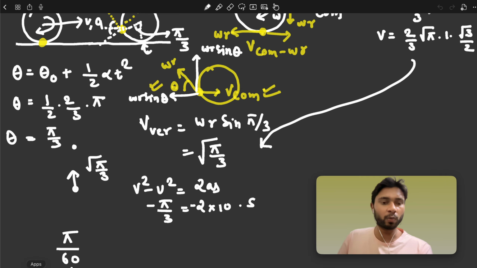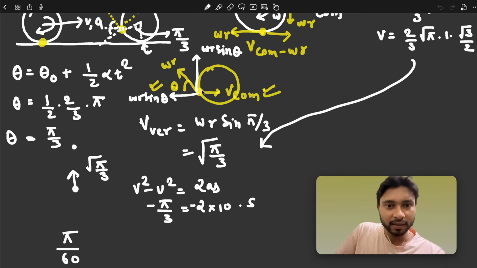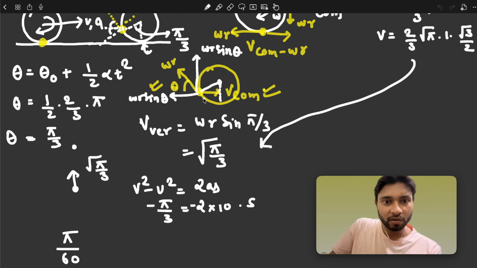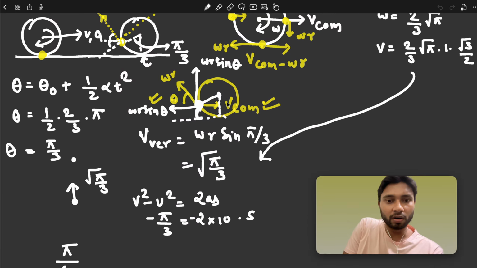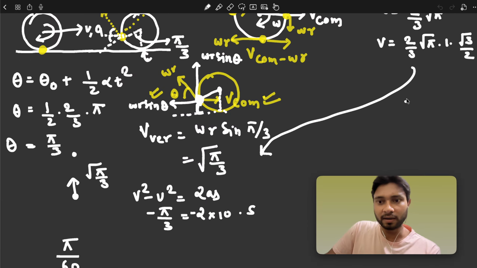Pi by 60 is my vertical height, and the point to be noted is that this was the initial position of the ball. It was already some distance above the ground level. Okay, we have to calculate the height from the ground level. So it was already this distance. I am redrawing the diagram. So the stone was here.